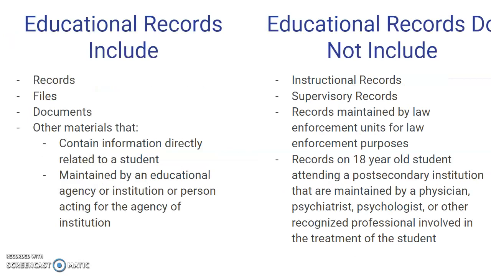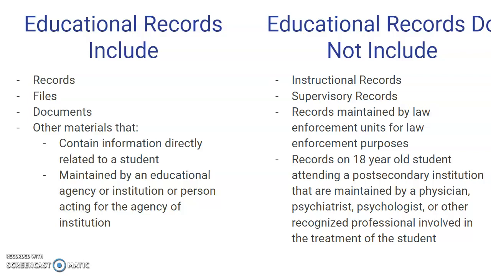So, what is included and what is not included in these educational records? What is included is the records, files on the students, documents that pertain to the students, and other materials that contain information directly related to a student or maintained by an educational agency or institution or person acting for the agency or institution.